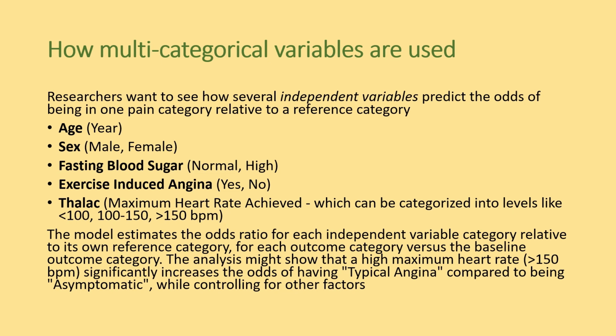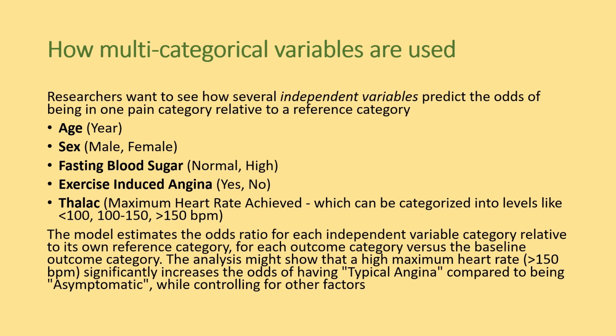Age, sex, fasting blood sugar, exercise-induced angina, and maximum heart rate achieved, which can be categorized into levels like less than 100, 100 to 150, and greater than 150 bpm. The model estimates the odds ratio for each independent variable category relative to its own reference category for each outcome category versus the baseline outcome category.